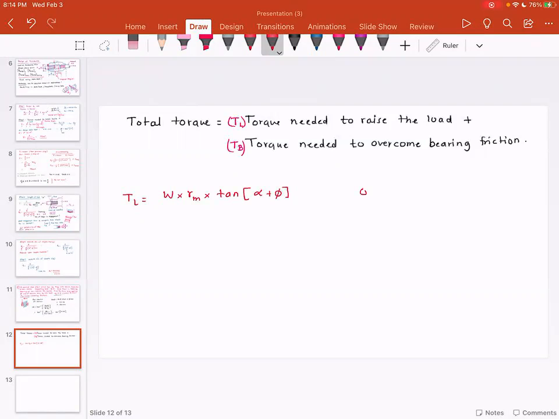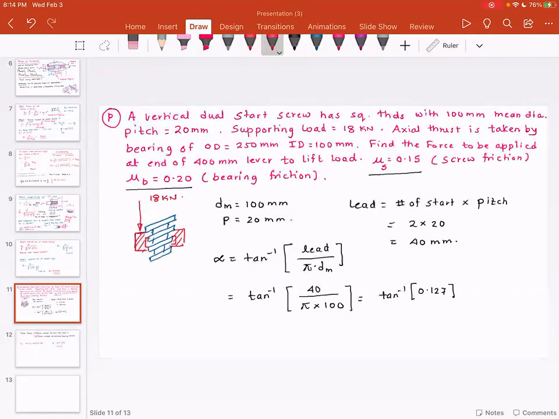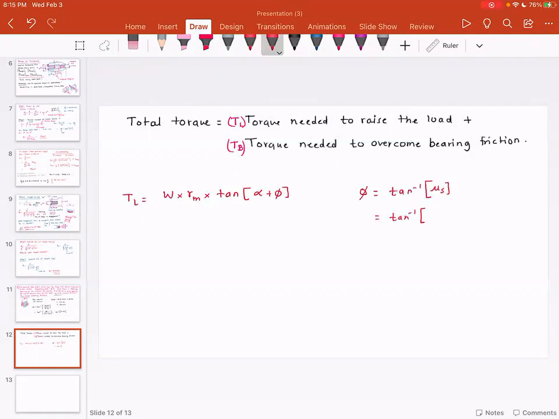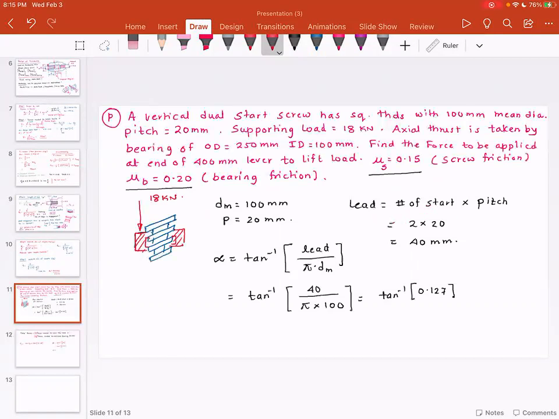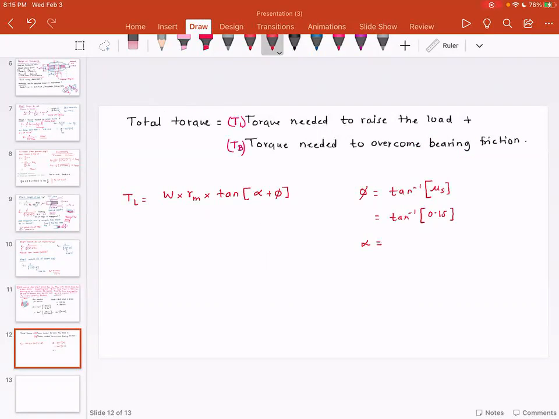Now phi is equal to tan inverse of the coefficient of friction for the screw, which is tan inverse of 0.15. And alpha is tan inverse of 0.127.